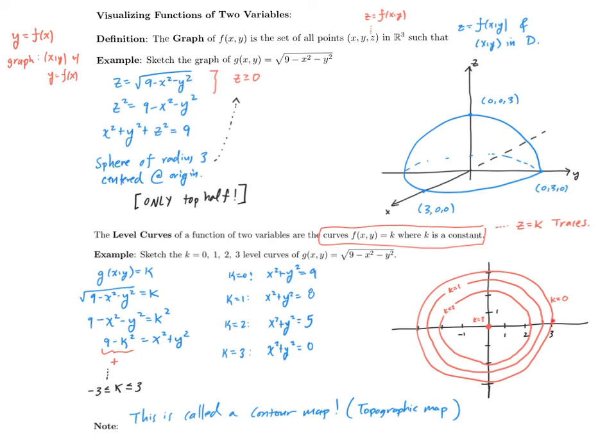So if we start off with k equals 0, this would correspond to the z equals 0 trace. We're thinking that circle of radius 3 centered at the origin would be where the graph intersects the z equals 0 plane. The k equals 1 level curve is the k equals 1 trace. It's where that graph intersects the z equals 1 plane.